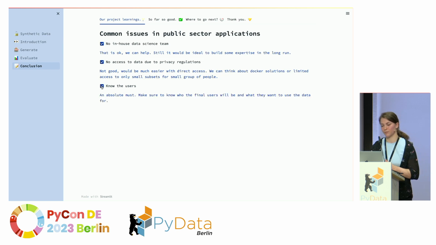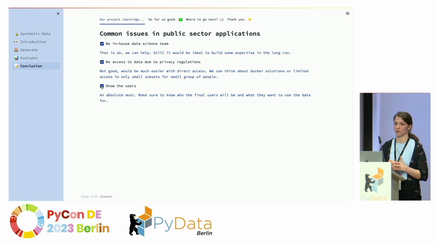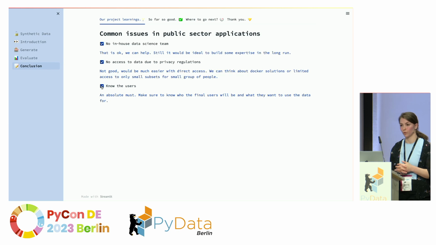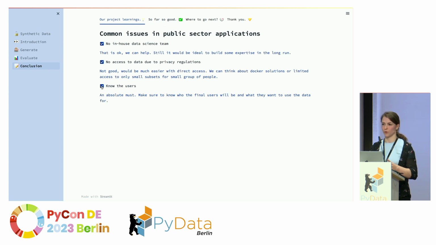For me, the most important learning was that you really need to look into what the synthetic data is going to be used for. As I showed you before, the evaluation strategy and the metrics you're going to be using are the most important things that you must have in mind when you select your generation strategy and you generate the data.